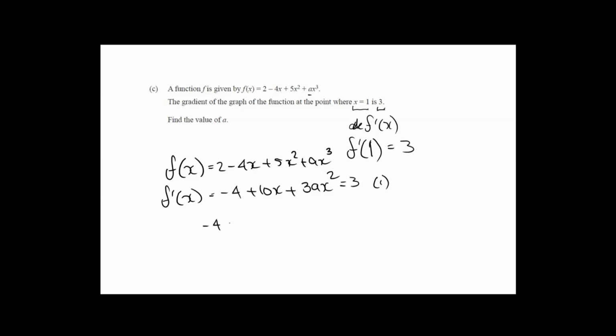So minus 4 plus 10 times 1 plus 3a times 1 squared equals 3. We've got one equation and one unknown, so let's solve it. Minus 4 plus 10 plus 3a equals 3. So 3a equals minus 3, so therefore a must equal -1.